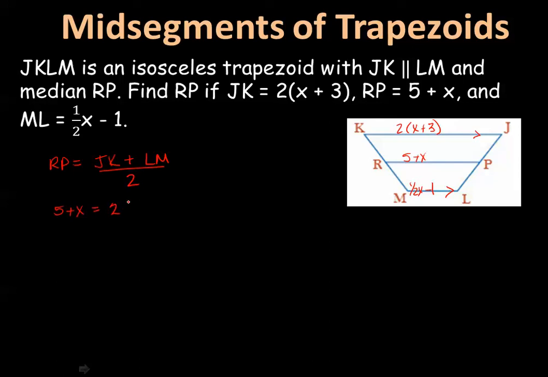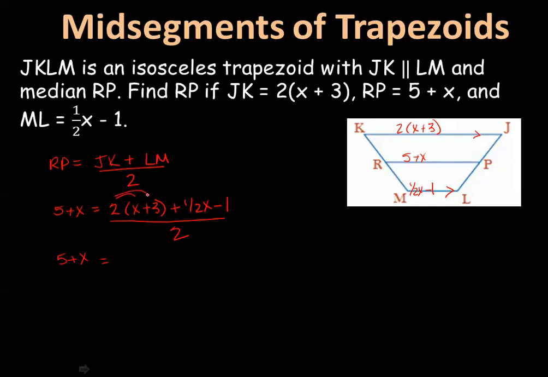JK is... so you've got to go ahead and simplify everything before you start doing your cross multiplication.